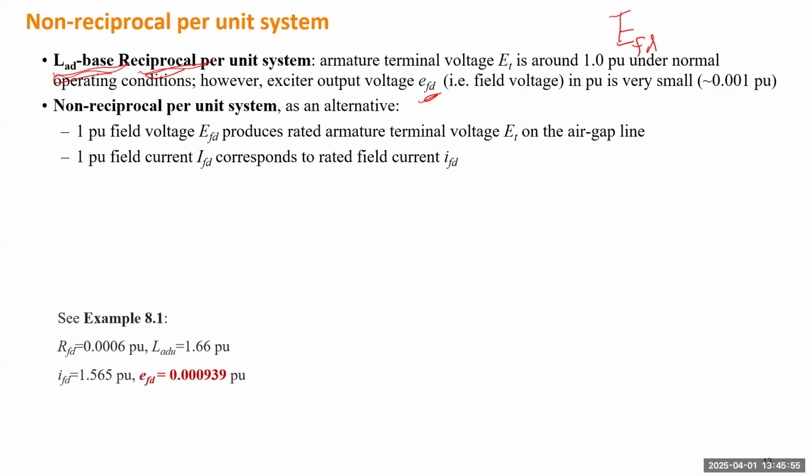We expect that for 1 per unit field voltage, this capital EFD is proportional to lowercase EFD but amplified, so this value will stay around 1. And there's another 1 per unit field current, which also stays around 1 but is proportional to the lowercase IFD. So how do we determine the new bases for the capital EFD and IFD?